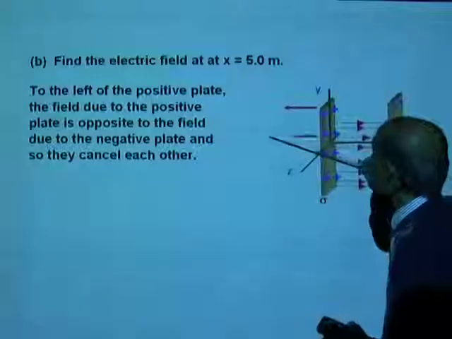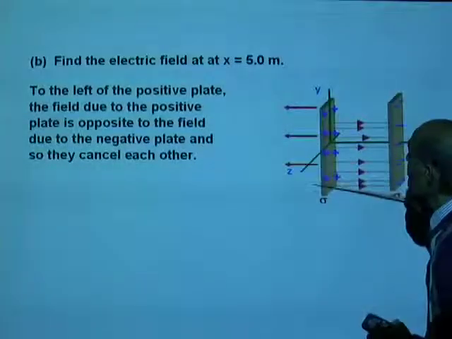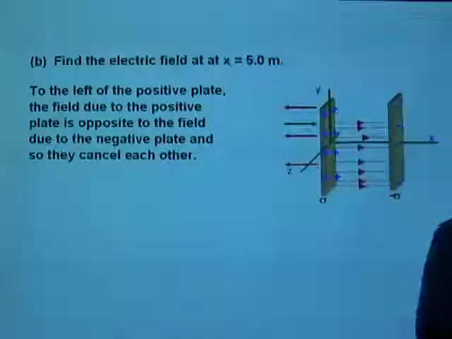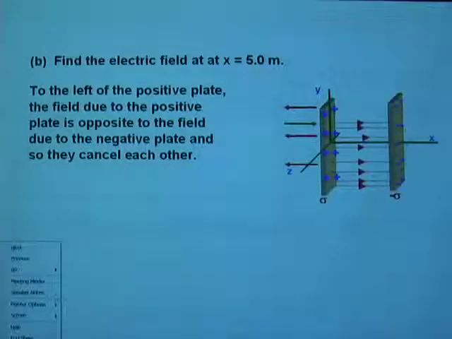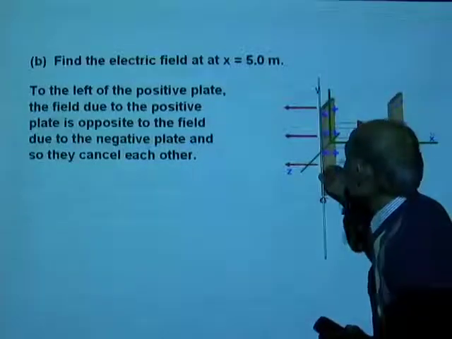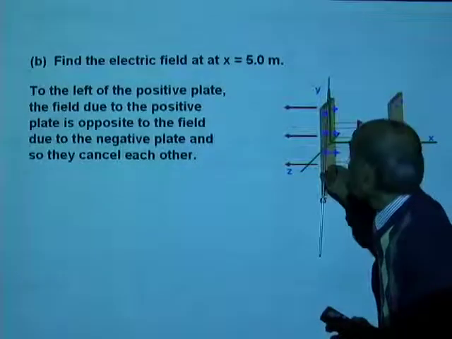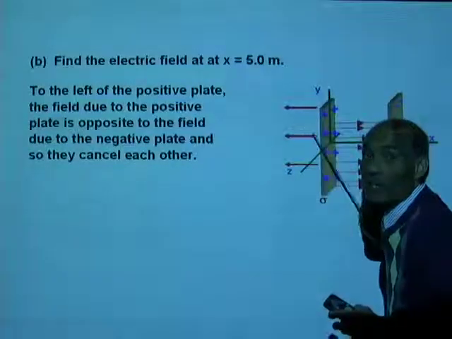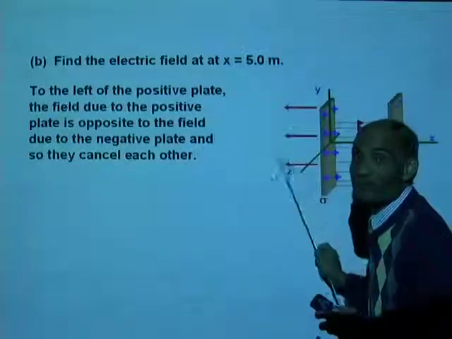Is that right? Now these red lines represent the electric field on the left of the positively charged plane will be directed to the left.